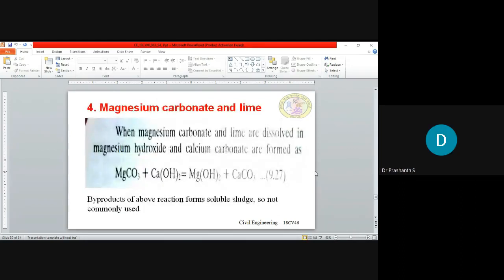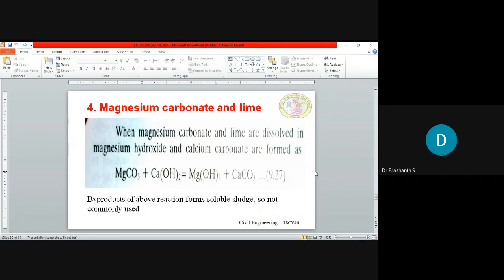The fourth one is magnesium carbonate and lime. Magnesium carbonate is also a coagulant which is used to remove the colloidal particles in the sedimentation tank. When magnesium carbonate and lime are dissolved, magnesium hydroxide and calcium carbonate are prepared.